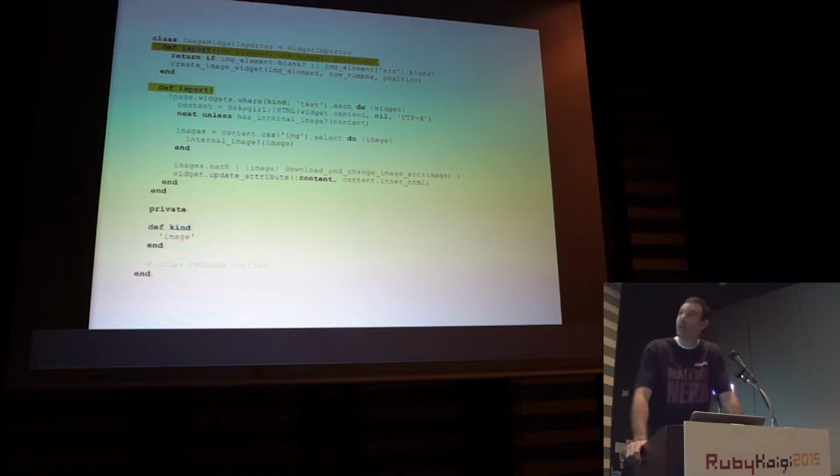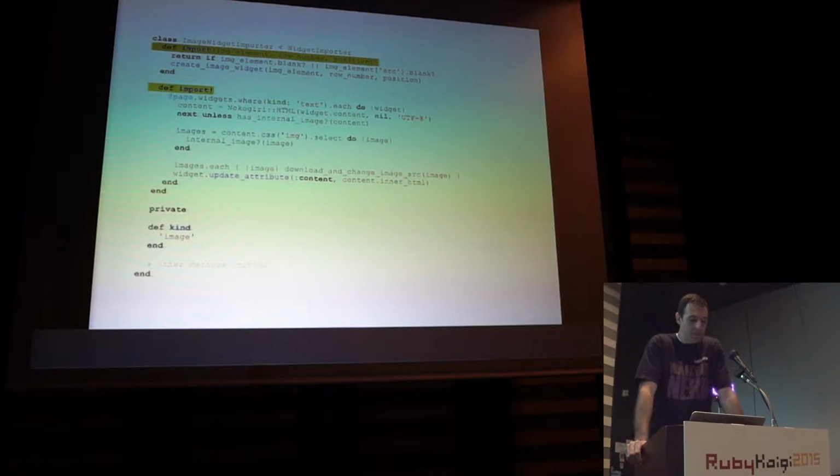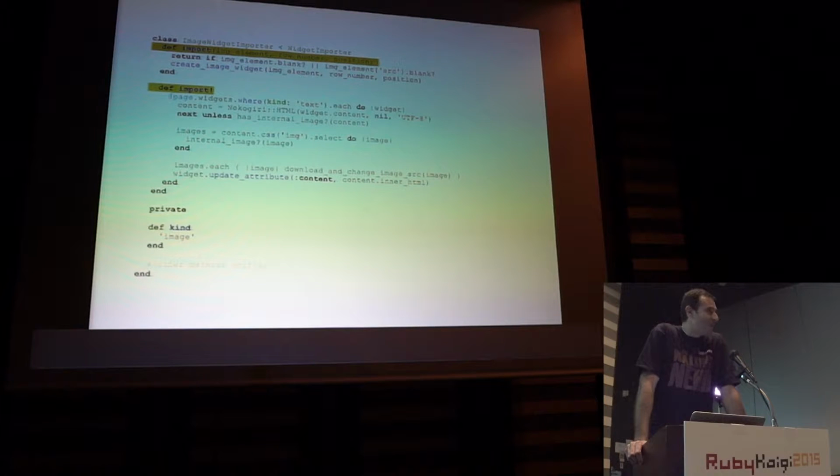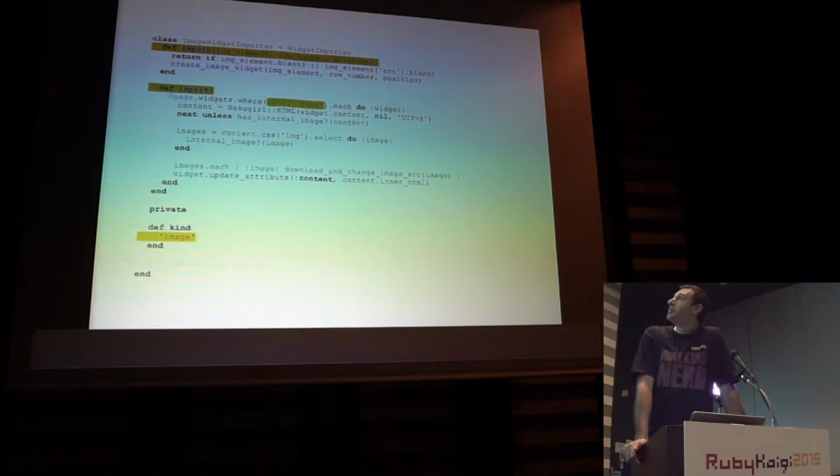So, the import method has 3 parameters, and the import bang method has no parameters. Well, you'd say the import bang method is a dangerous version of the import method. But not really.